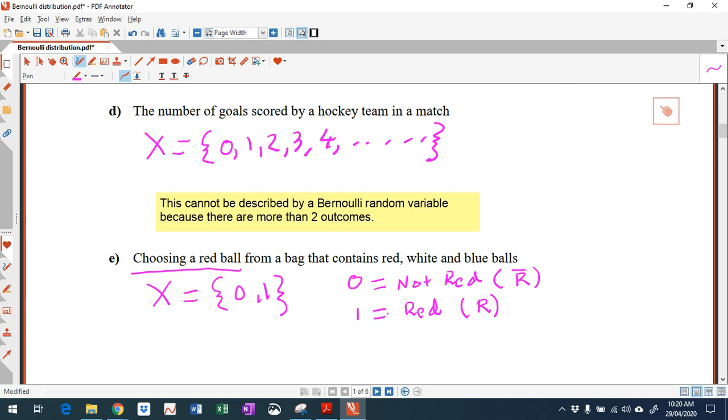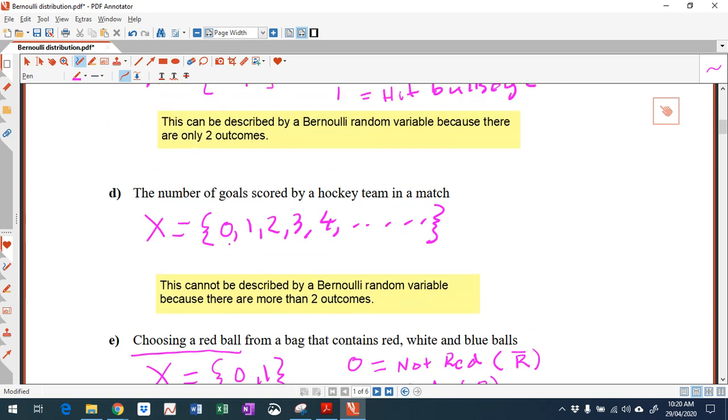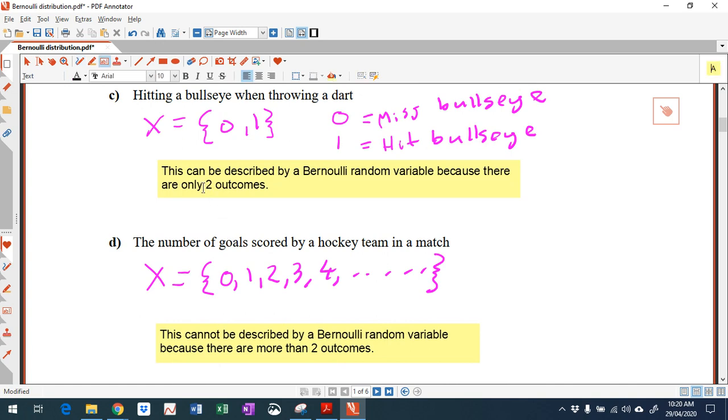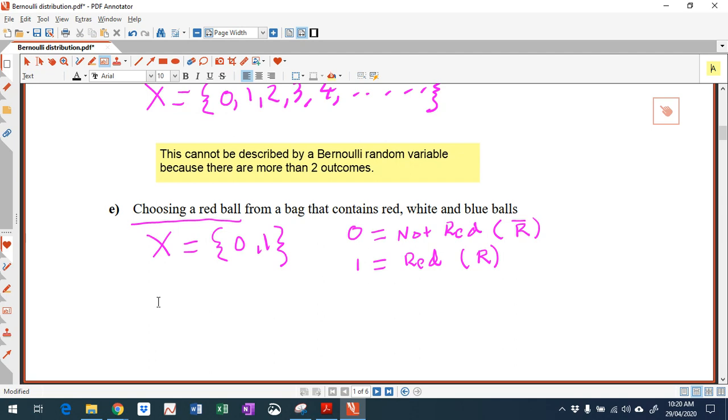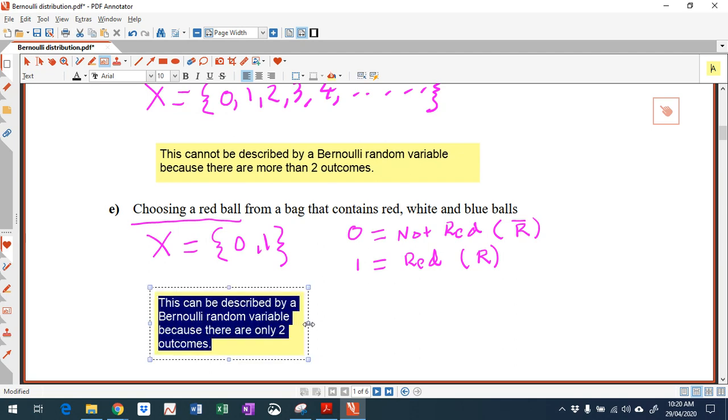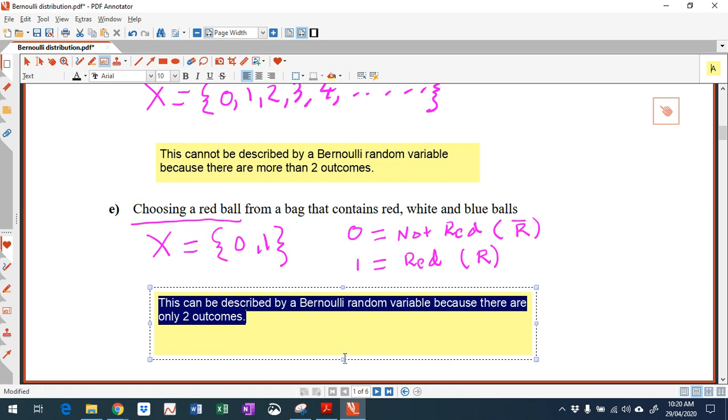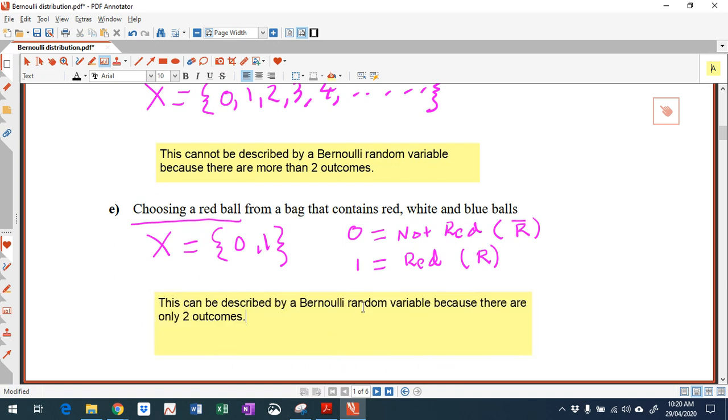Okay, so what's our answer for that one? Same as before. So this can be described by a Bernoulli random variable because there are only two outcomes, red and not red.